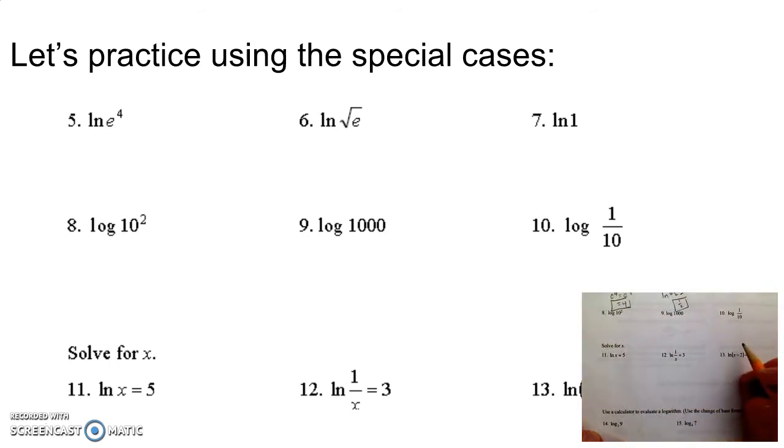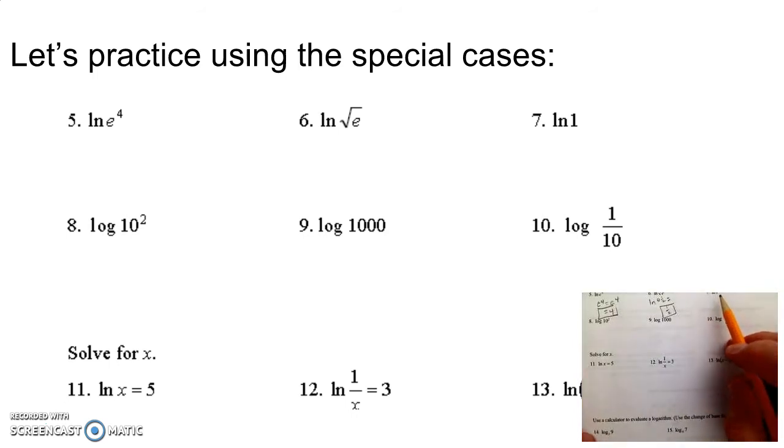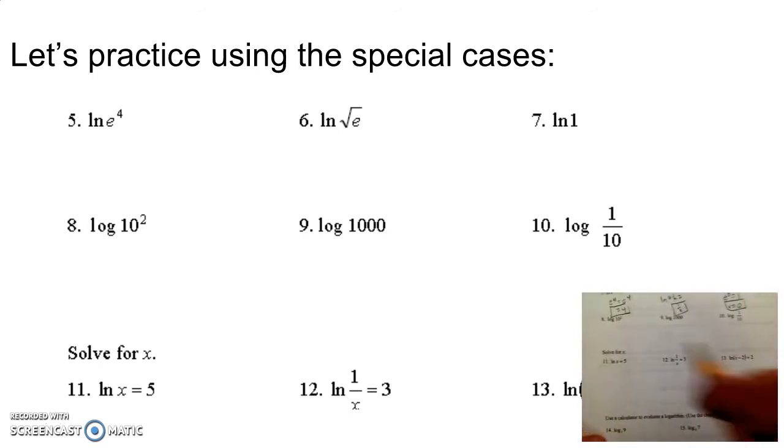So that's my exponent. The log base e of 1. What exponent can I put on e that equals 1? Well, e to the 0 is 1. So that exponent would be 0.